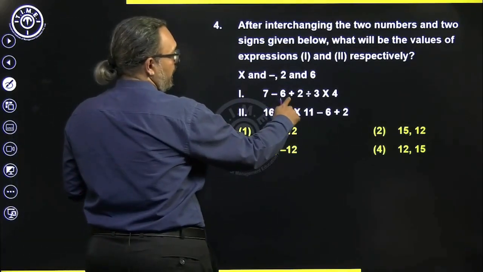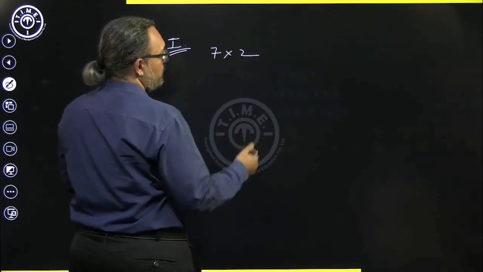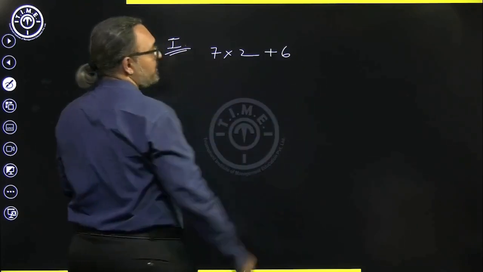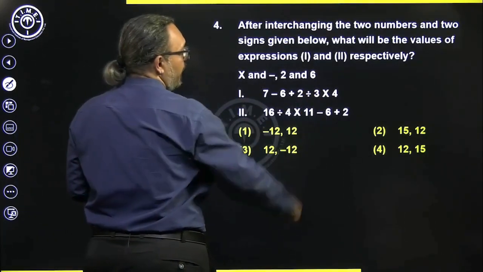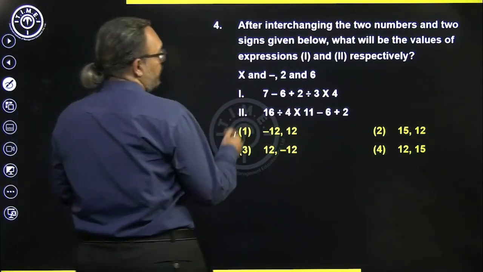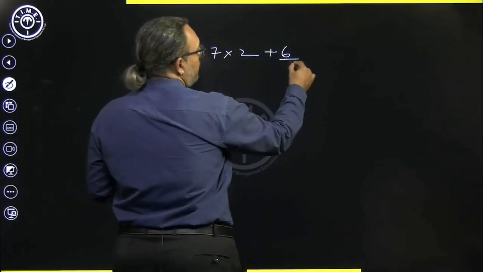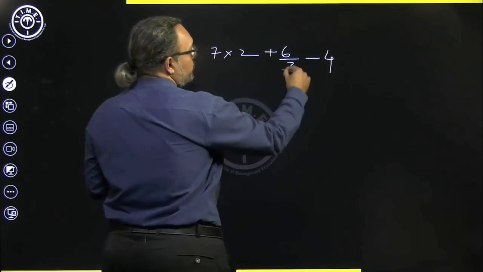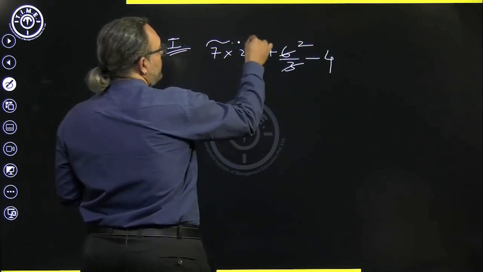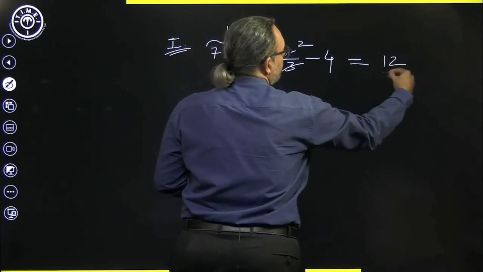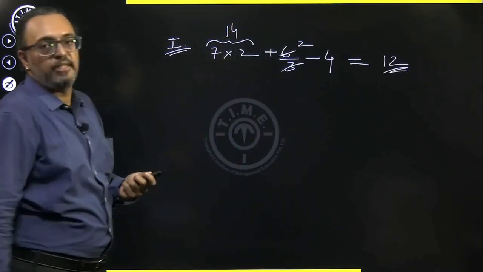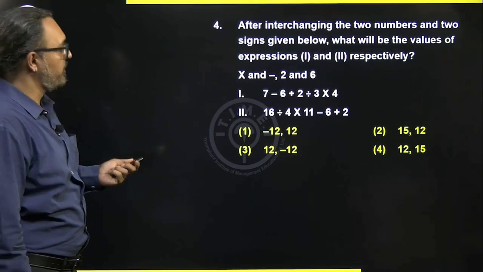Then plus will be as it is, plus 6 you will get. So plus 6, 2 and 6 are exchanged, into and minus are exchanged, divide by 3 and minus 4. Okay. So you have divide by 3 and minus 4. So this is 2, this is 14, so this will be 12. So in the first expression, you are getting the value as 12.